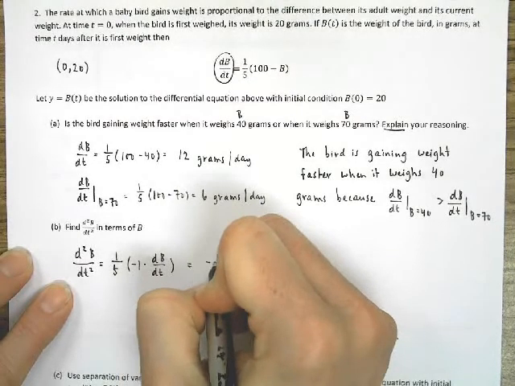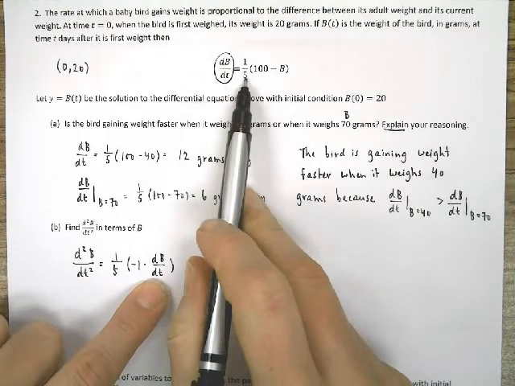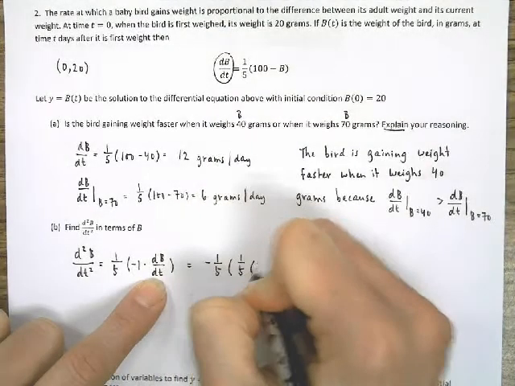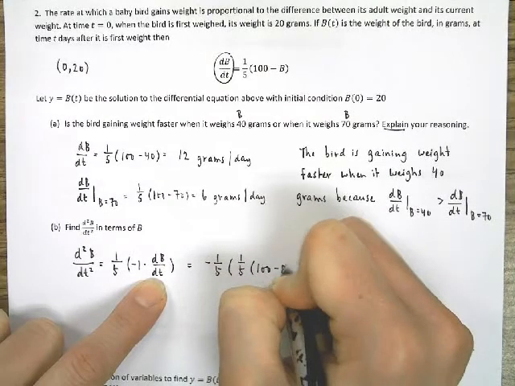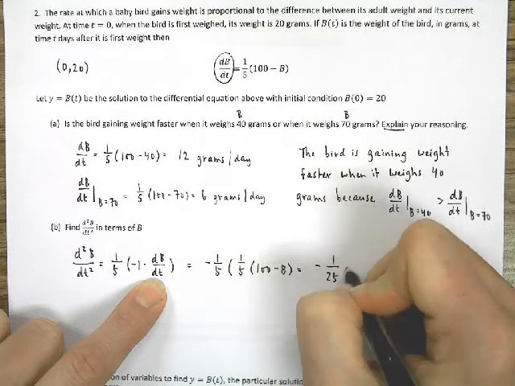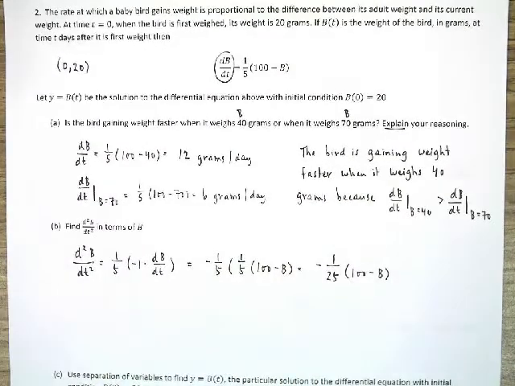So now I have -1/5 if I combine my constant terms, but now I'm going to substitute dB/dt. So I have times 1/5 times (100 minus b). So my second derivative is -1/25 times (100 minus b).